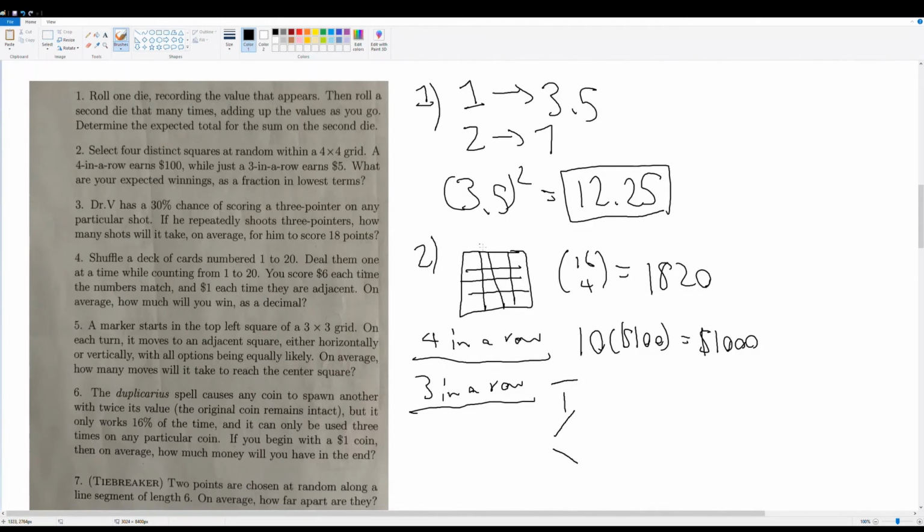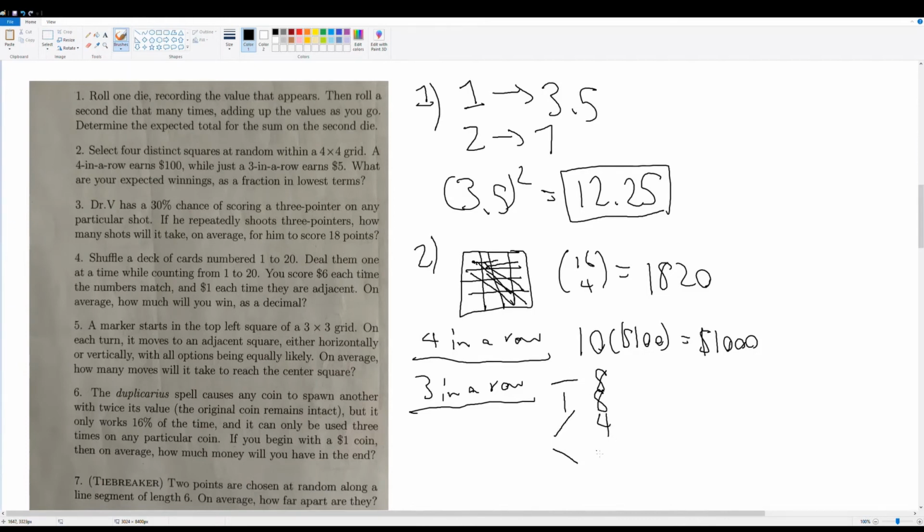So there are 8 ways to pick it if it's horizontal, because you could start 1, 2, 3 here, or 1, 2, 3 here. And by symmetry, the vertical ones is also 8. And then you've got the 2 diagonals, which you can simply count: 1, 2, 3, 4.